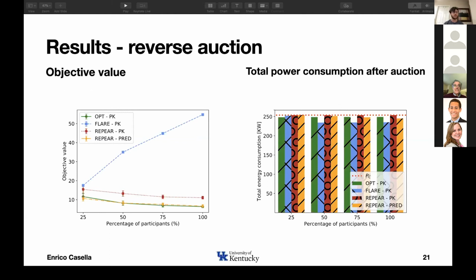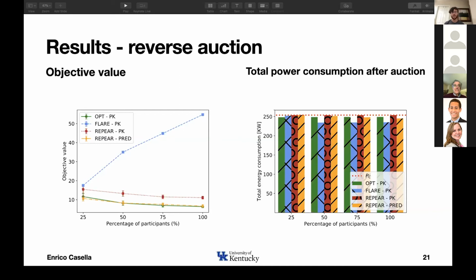What you see referred to as PK is perfect knowledge. So instead of using machine learning, we use the actual real data from the EnergyPlus simulator. And where you see PRED, those are the machine learning predictions. Overall, you can see that our performance is close to optimum, while the comparison approach does not perform as well.